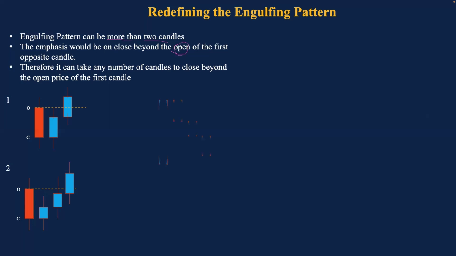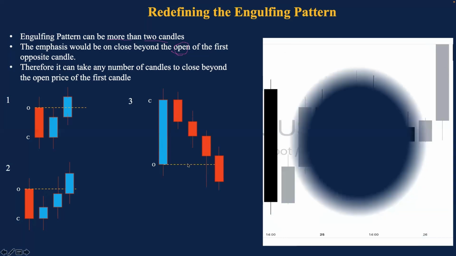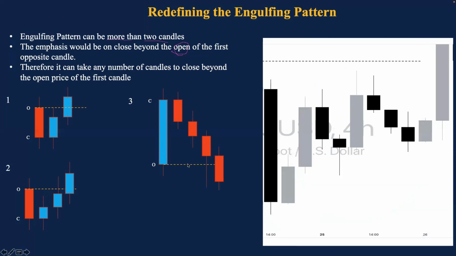All right. So one more example. You have this big buy candle, three sell candles touch the open, doesn't close. So it's not an engulfing until this one closes beyond the open. Okay. All right. So these are some of the examples.